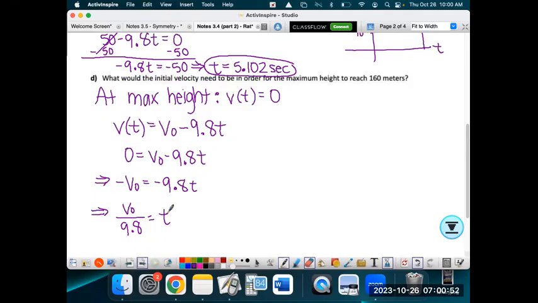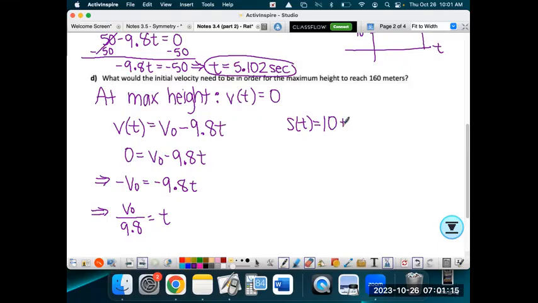So remember, our position function is s of t equals my initial position, which we're still keeping. It didn't say anything about changing it. It's 10. But this time, we don't know what we would want the initial velocity to be.